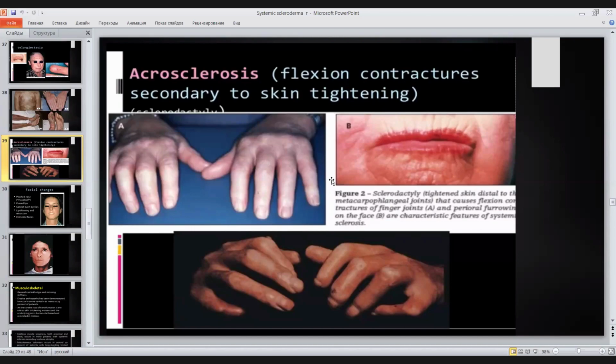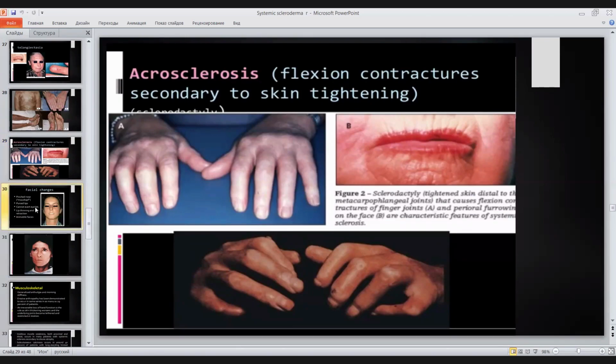You can also find, around the mouth, a lot of wrinkles, circular wrinkles. So around the mouth there will be wrinkles, and also due to fibrosis, lips become too small and like one line. It's also a specific change of the lips of a patient with systemic scleroderma.